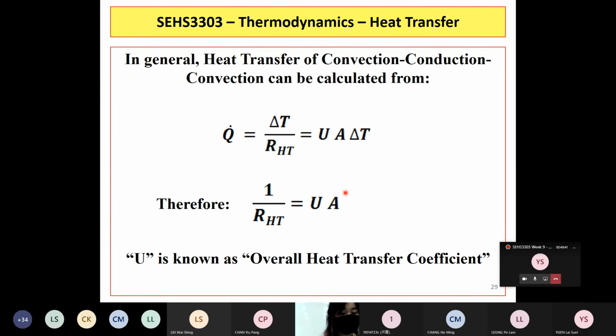That is R equals 1 over U times A. Here, we sometimes call U the overall heat transfer coefficient. In general, we can solve this problem by using temperature difference divided by overall thermal resistance.